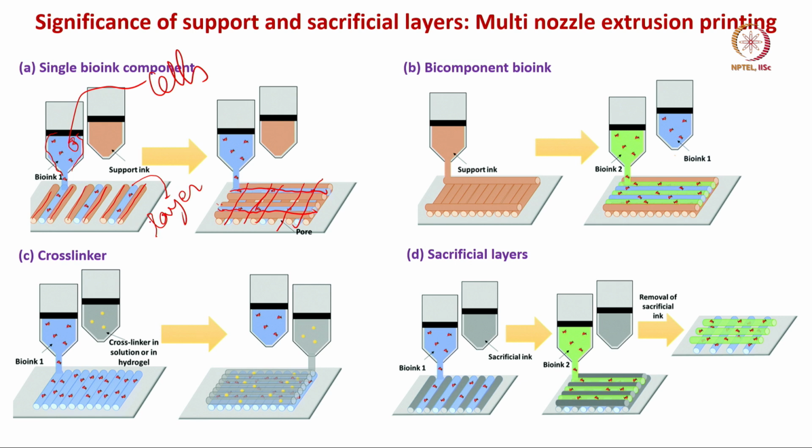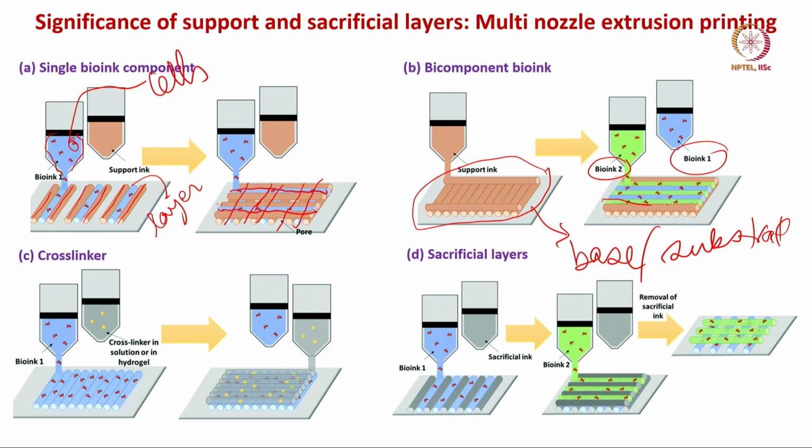So this way the supports are useful. Many times the support also forms a base substrate, on which this particular bioink 1 or bioink 2 can be built.